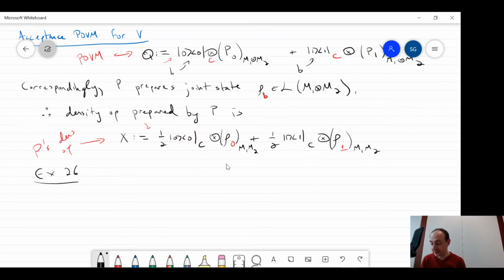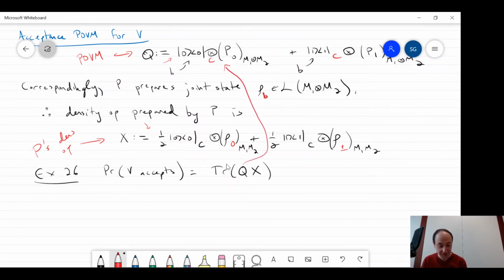And basically, this says to show that the probability that the verifier accepts is equal to the trace of Q times X. Q is coming from up there, and X was the density operator that is sent to the verifier. So that's just straightforward, that expression there.